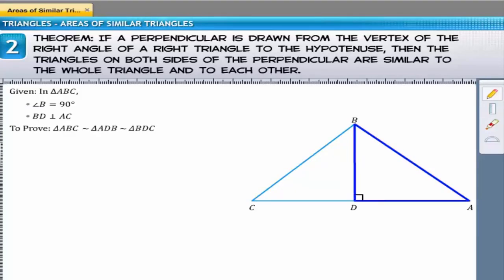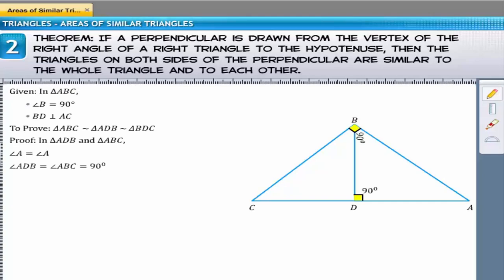In triangles ADB and ABC, angle A is common. Similarly, angle ADB is equal to angle ABC as both are 90 degrees. Therefore, by the AA criterion of similarity, triangles ADB and ABC are similar. Let's assign this as observation 1.